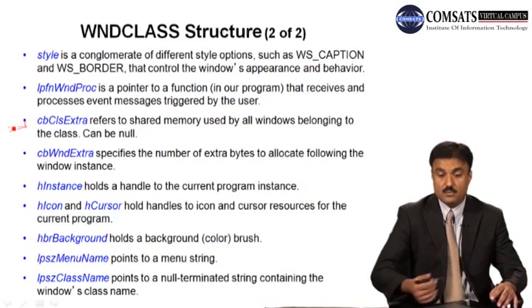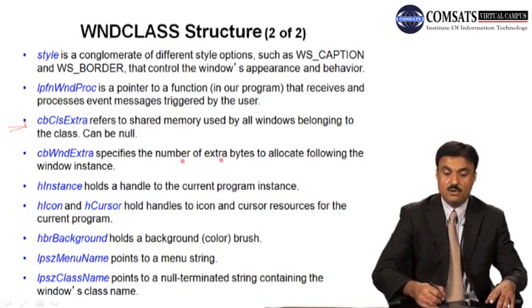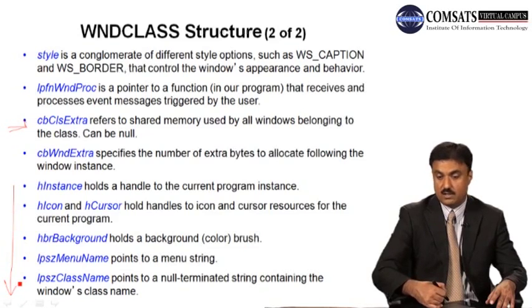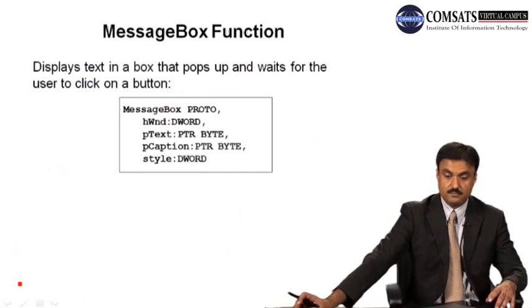Then we have another option that will refer to the shared memory, or the memory that we are using, that is used by all windows belonging to this class. It can be null. So we have Windows extra. This specifies the number of extra bytes to allocate following the window instance and so on. And then we have a huge list of these options, members of this Win class structure and so on.